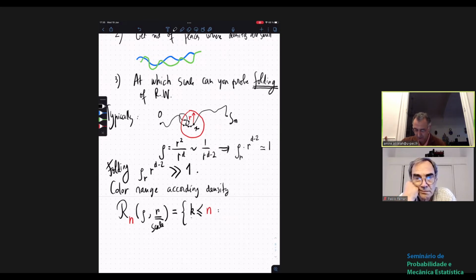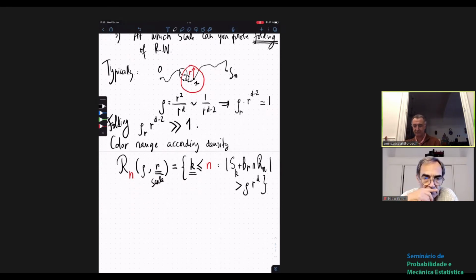I'm taking only the monomers, or the labels, such that around them, when I take a ball of radius r, the intersection with the range up to time n is bigger than the rho I chose. This is a place where folding occurs if I choose rho and r bigger than r². R² is the time you would spend for a typical random walk. So if this is larger than r², this is folding.